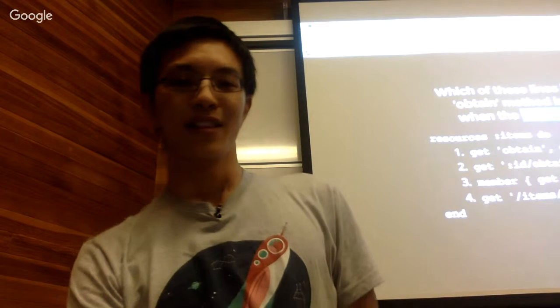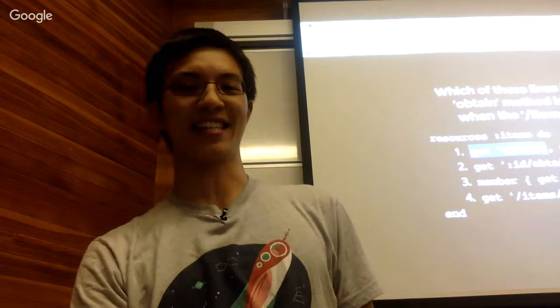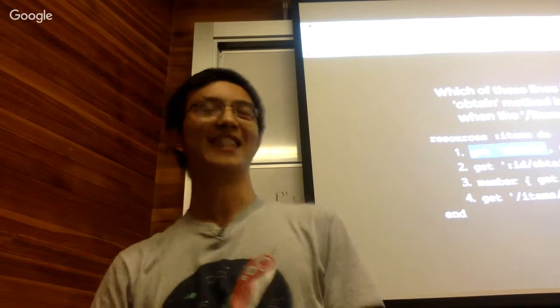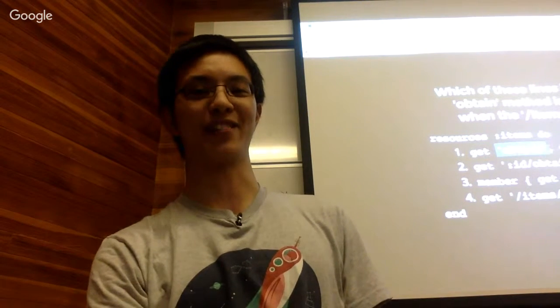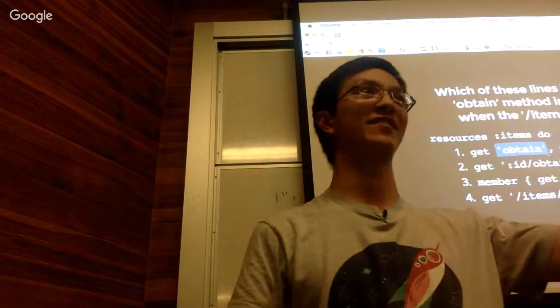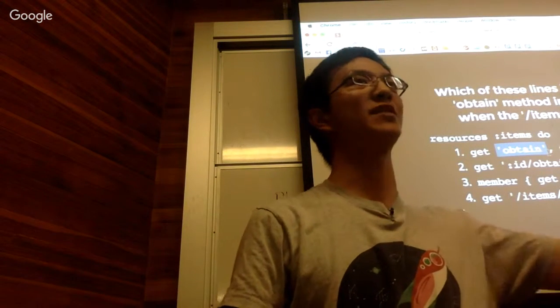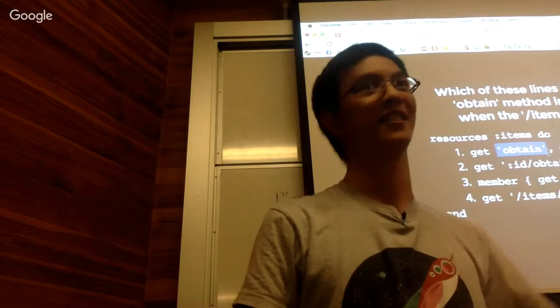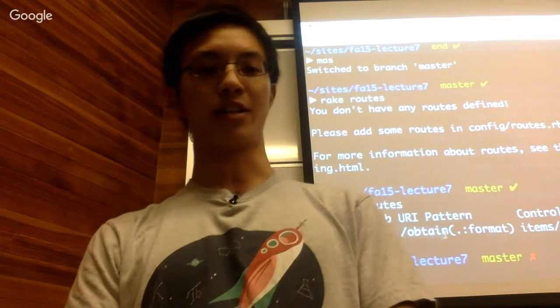When I say get obtain, this is sort of right, except the get obtain part is incorrect. This will allow me to hit slash obtain, but not slash item slash one slash obtain. If you look at my routes.rb, what did I get? I can go to slash obtain.